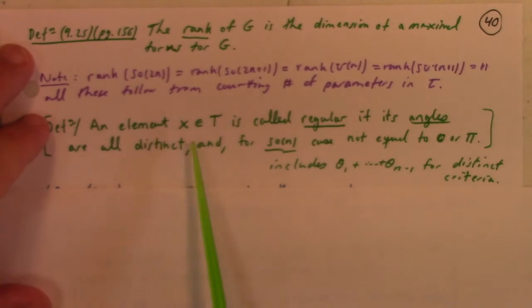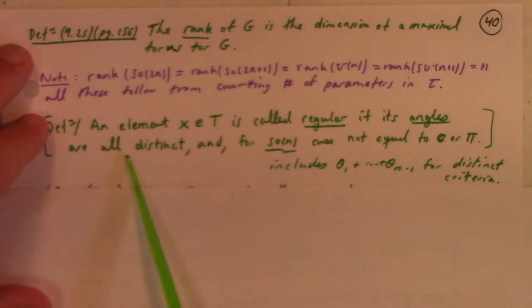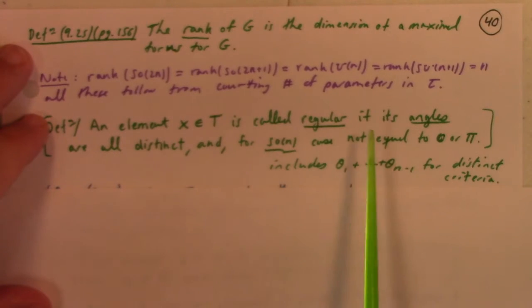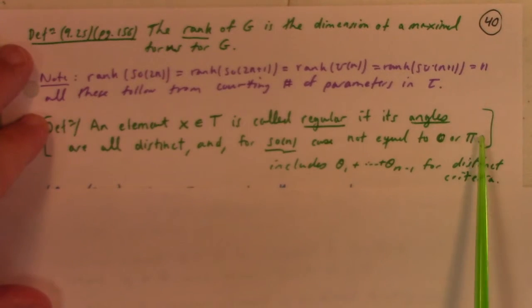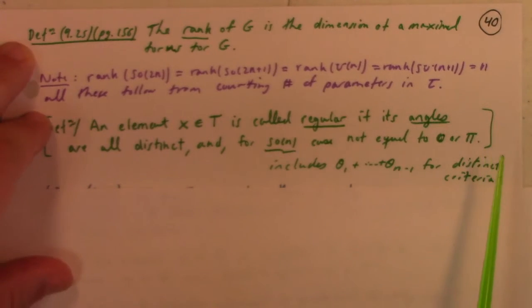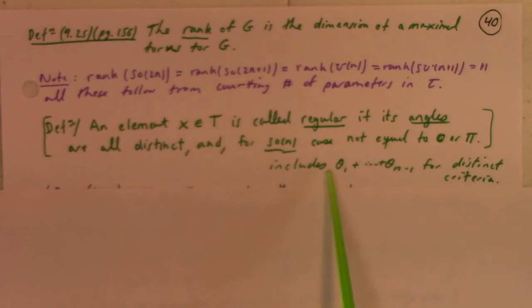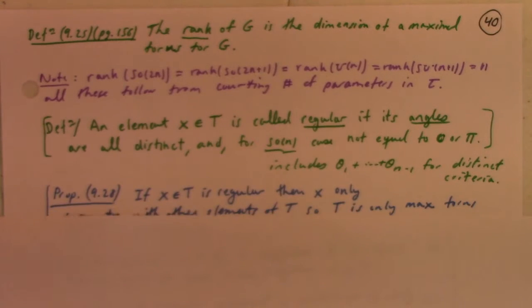Now, an element of the torus is called regular if its angles are distinct, and for the SO(n) case, they can't be 0 or pi, because that gives you back the identity matrix or minus the identity matrix, and there's also a criterion for the sum of these.